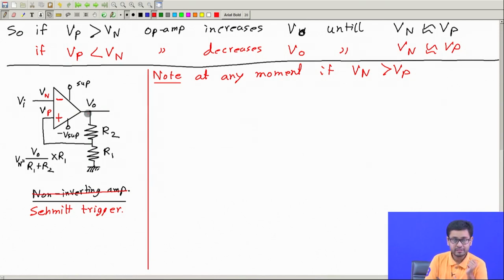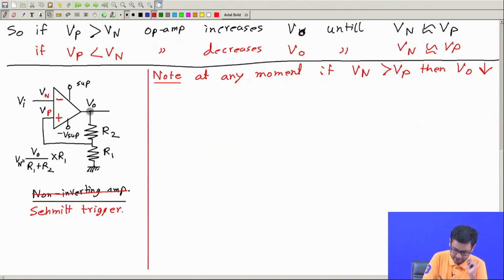Then the output will decrease towards minus V supply. Then Vo decreases towards negative supply voltage.